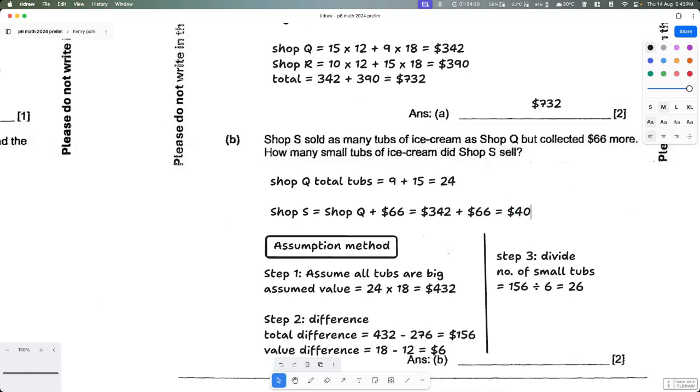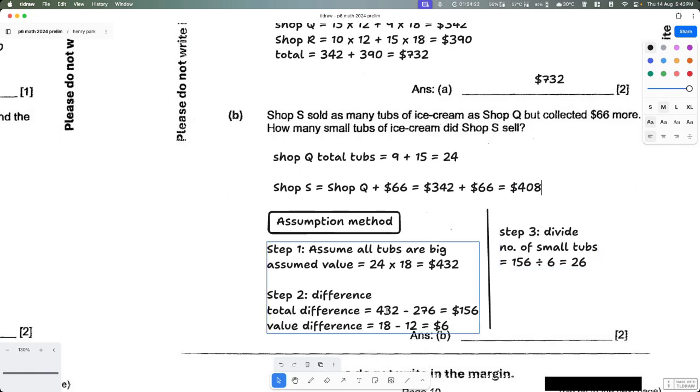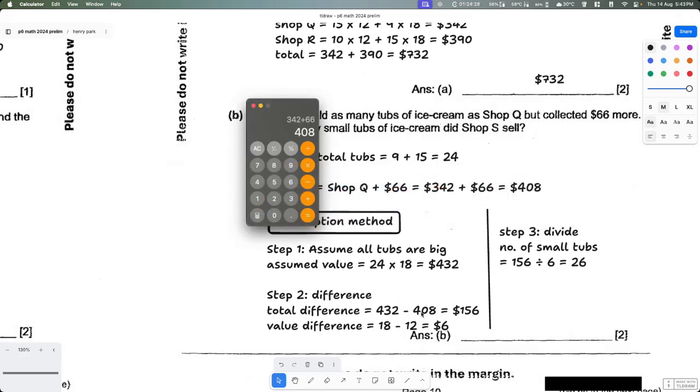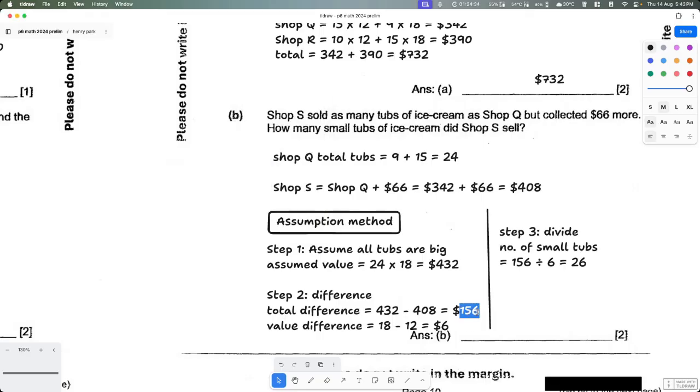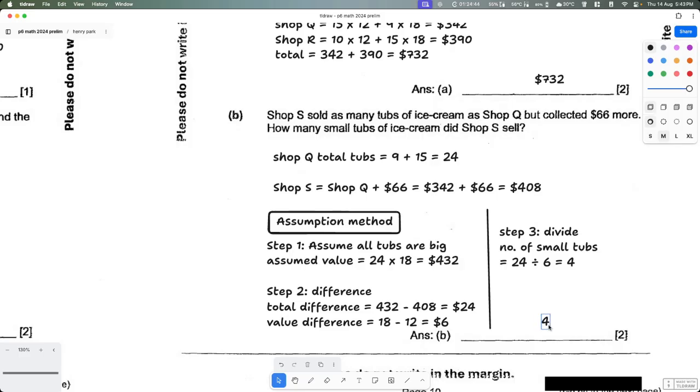Always double check. I do make mistakes as well. So we have 432 minus 408, this will give us 24. Now this makes more sense, because 26 is more than 24. So 24 divided by 6 will become 4. So that's your answer. The answer is 4 over here.